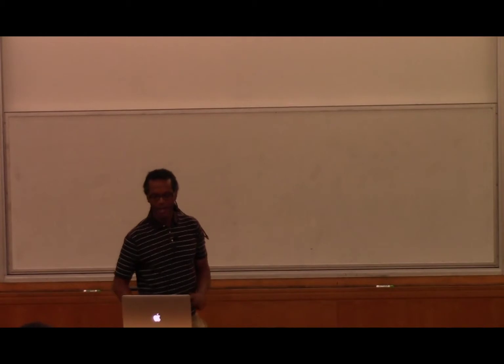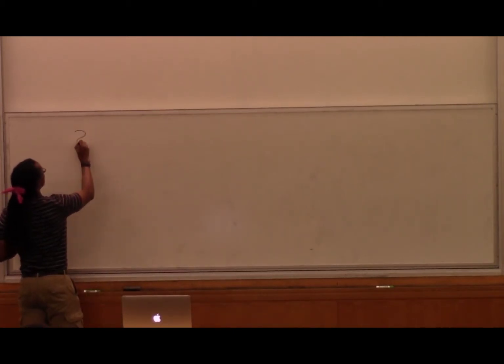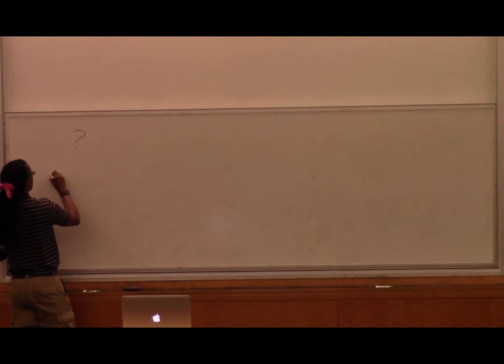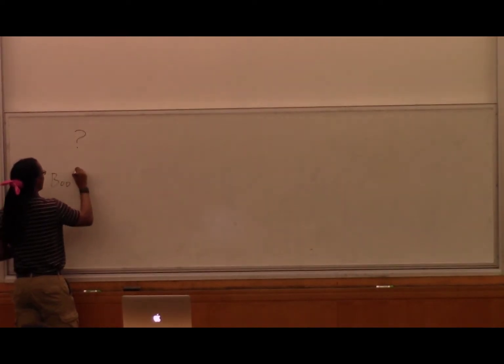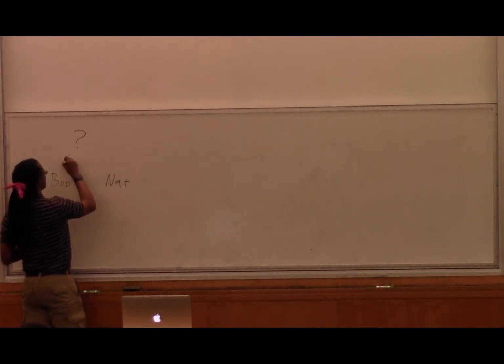Okay, so last time I started talking about this idea of gradual types, right? Where you have the unknown type, and then you have bool and nat. And they sort of live in different worlds because of this precision relation.